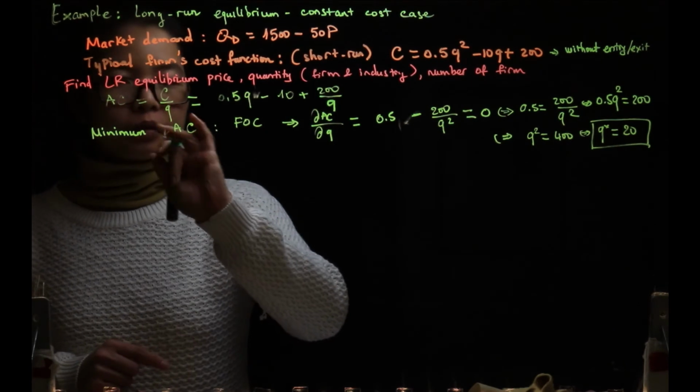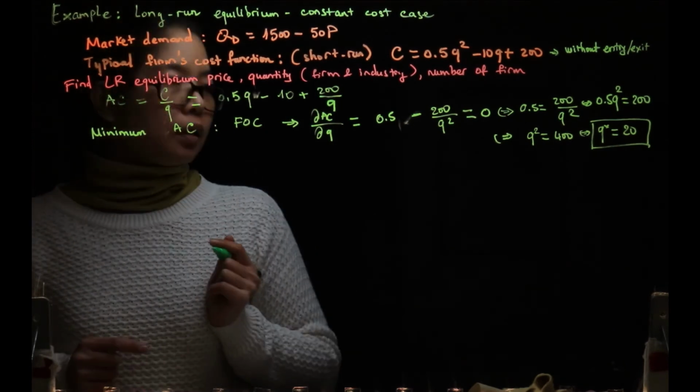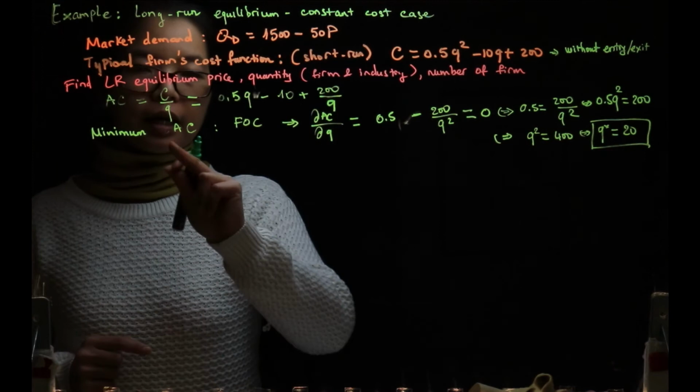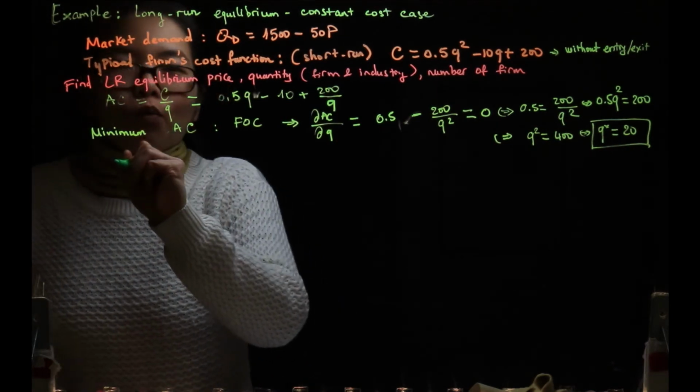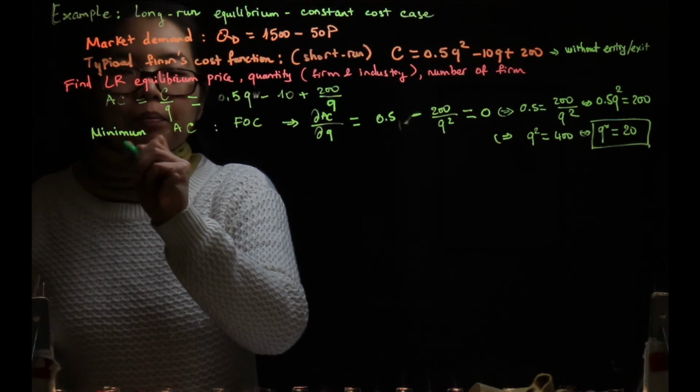Then now go back. When Q is 20, then AC reaches its minimum. But how much is that minimum?